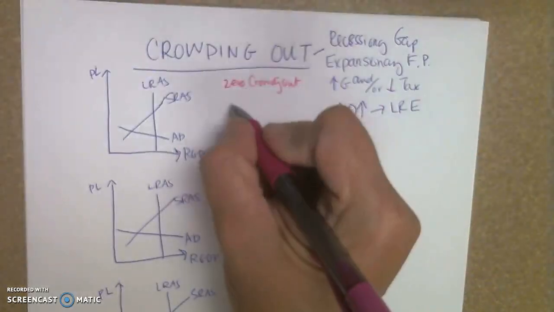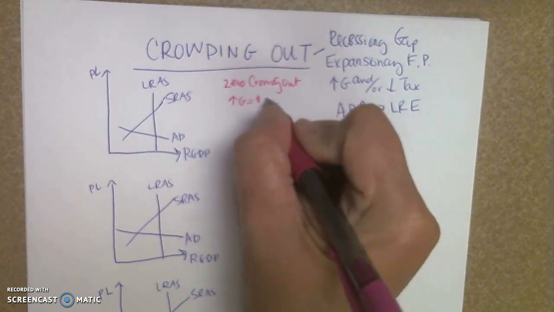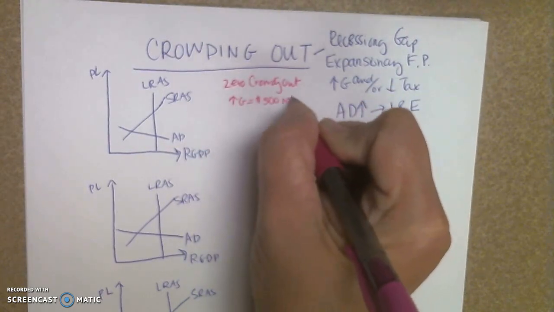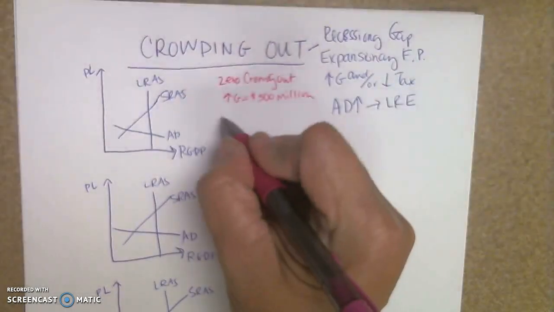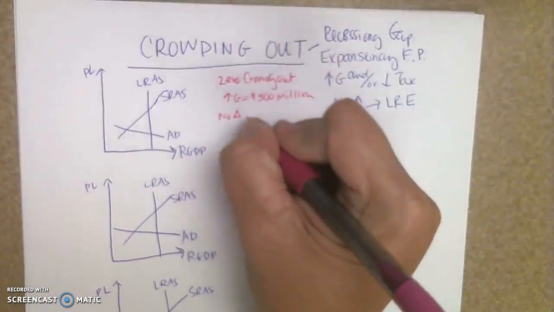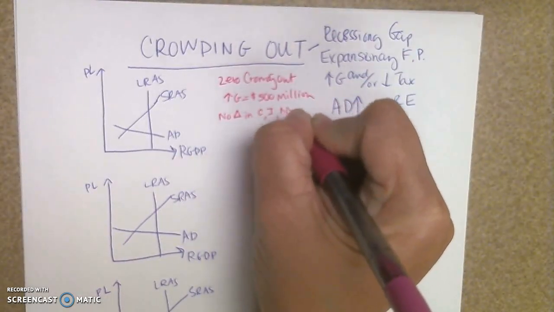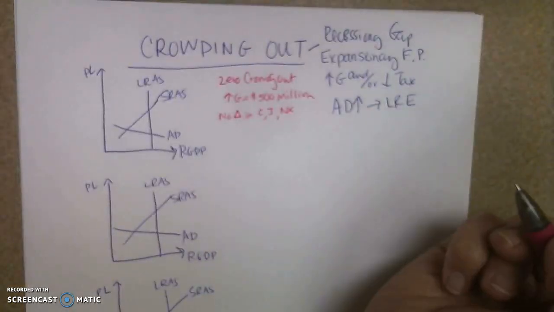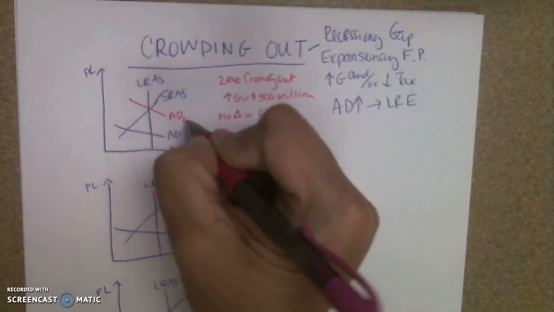So if we know that we need to increase government spending by $500 million, and no other part of SIGNEX changes, right? That we have no change, and that little triangle is no change in consumption, investments, or net exports, then the fiscal policy works as it should, and it moves us all the way over here to AD2, right?